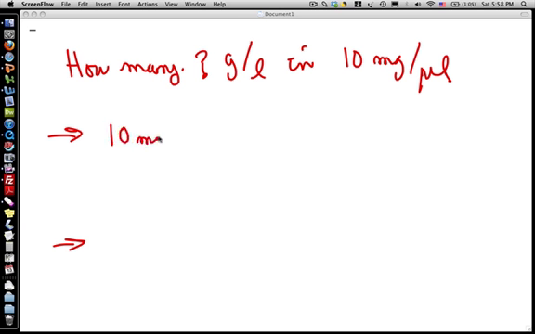So we've got 10 milligrams times our fraction. We're going to put milligrams down here, and we're heading toward grams, equals. Our answer here is going to be grams per microliter, because we haven't changed that microliter yet.